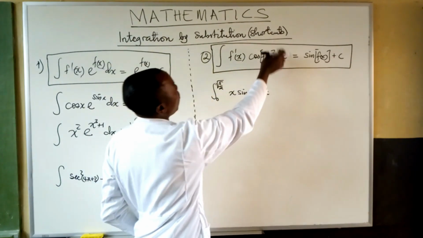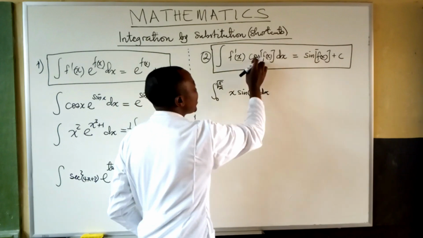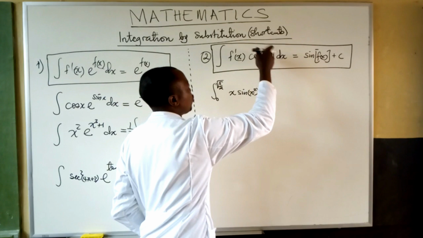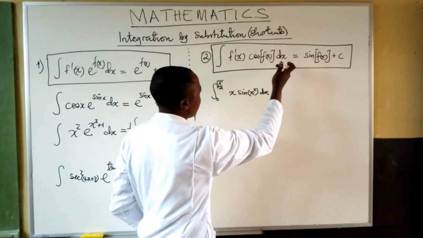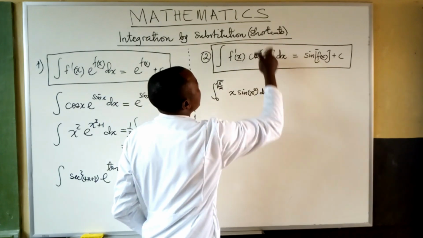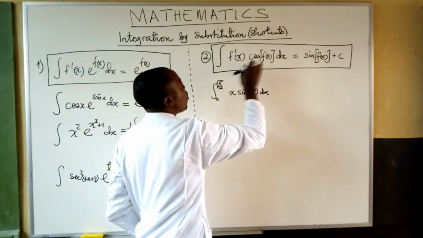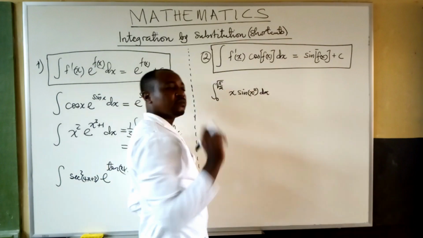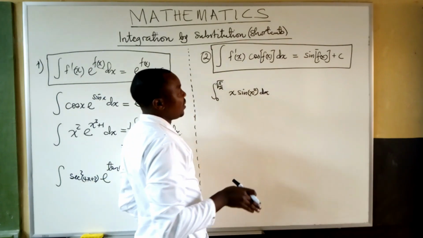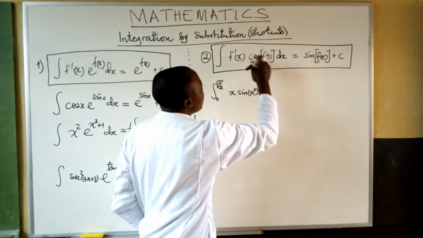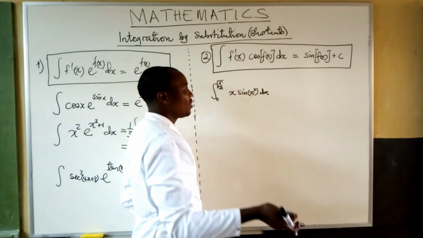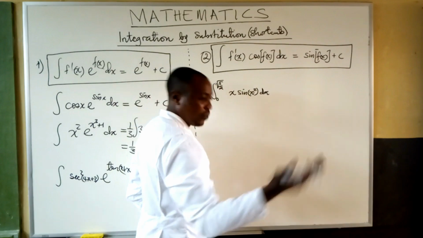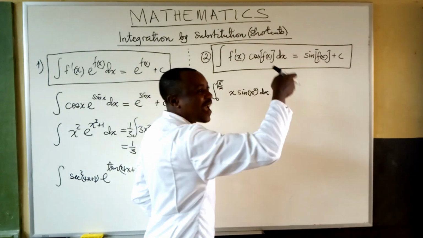So here, once you notice that there is a trigonometric function which has a function f of x, and there is the differential of that function multiplying the trigonometric function, simply ignore f prime of x and then change the trigonometric function to the corresponding integral. Remember, when you integrate cos u, for example, you would have sine u.